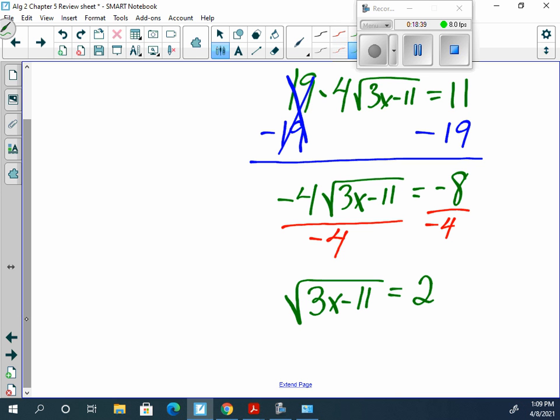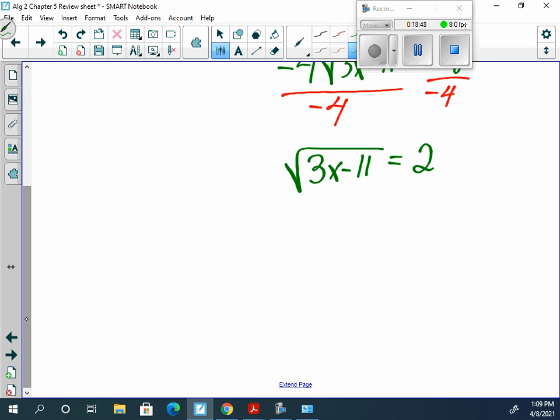So even though after we subtracted 19 from both sides, we had a negative number, once we divided both sides by negative 4, it turned it back to a positive number, which means we can solve this. This will have a solution.